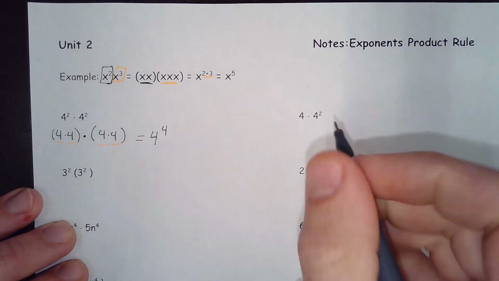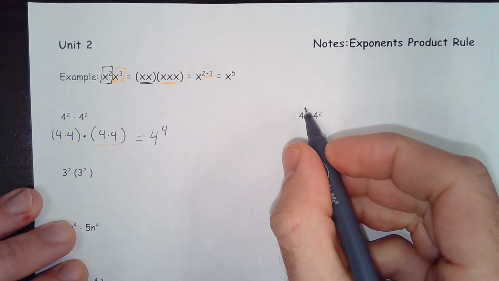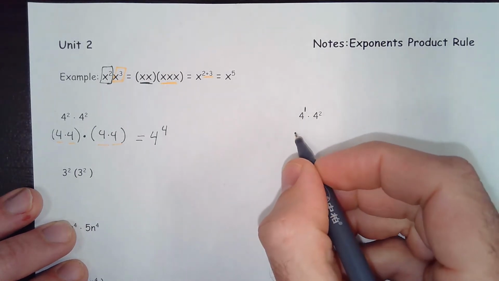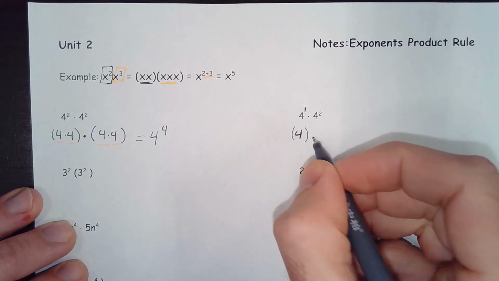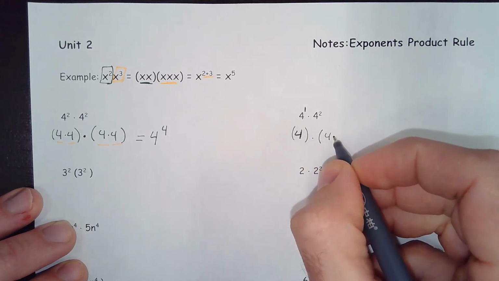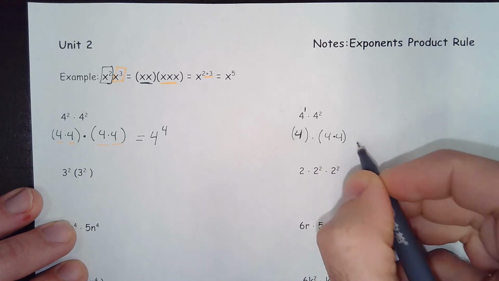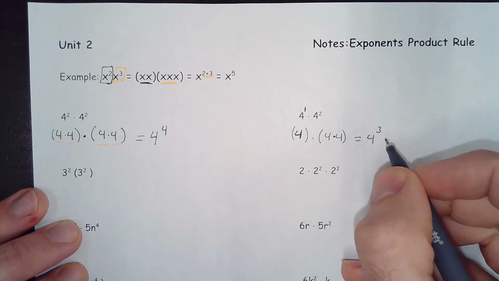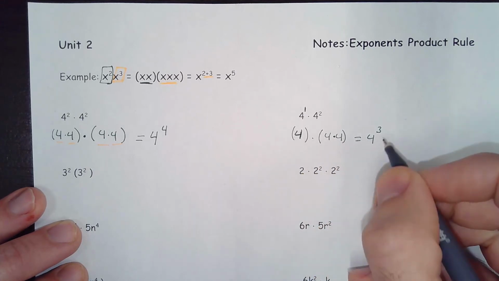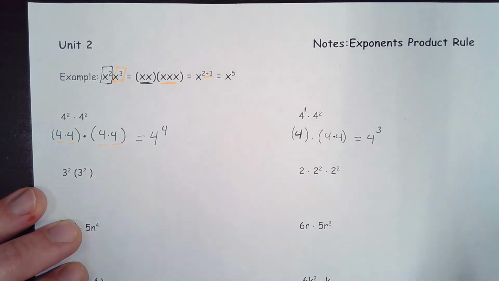The next one is a good example. When I don't have an exponent, you can think of this as just a 1 up here. So there's 1, expand this out, 4 times 4, and that's equal to 4 to the third power.